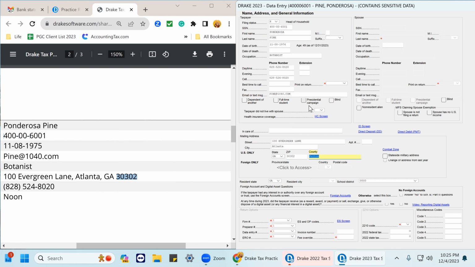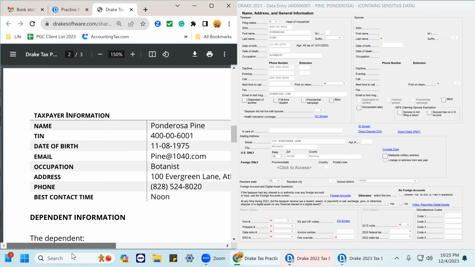All you need to do is put in a zip, and they change everything for you. Pretty good. Not only that, they also changed here, the state. Now, some of them have a school district. In this special situation, there's none.